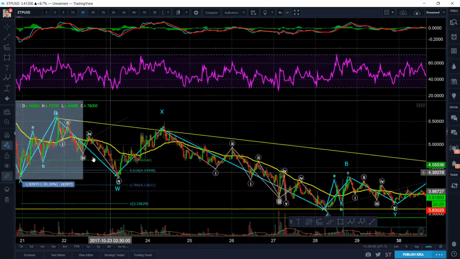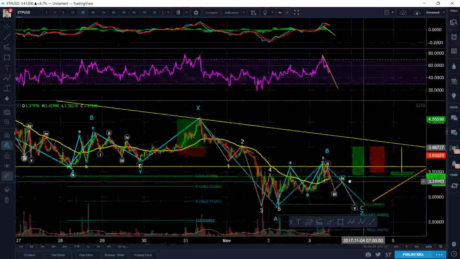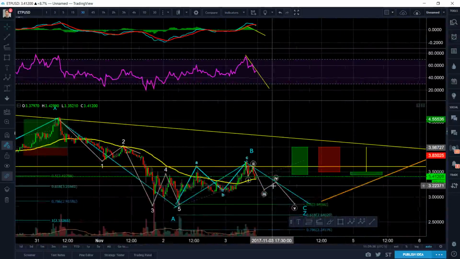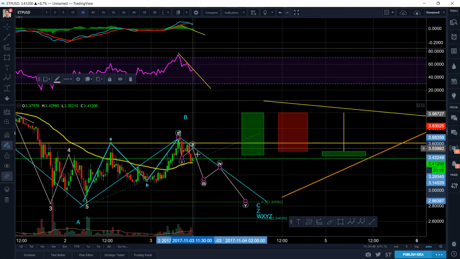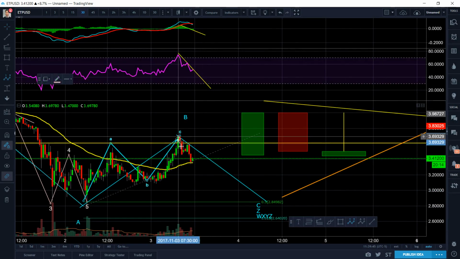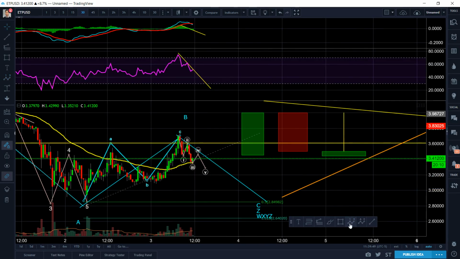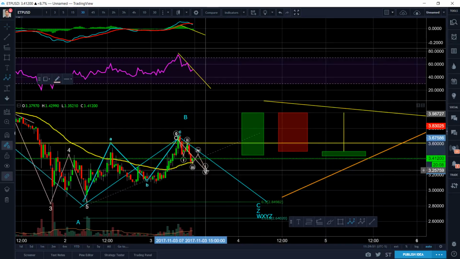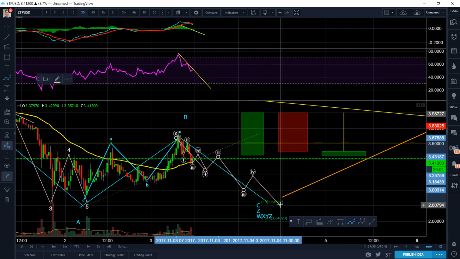And B to C here also made 5 waves, is it possible to assume that there will be a 5 subwave structure coming down here as well? Absolutely. Now this might just be the first subwave of the first wave, right? So it might actually just be like this instead: 1, 2, 3, 4, and then 5. But that right there could be the first wave of the first subwave, right? So sometimes there's 5 waves within 5 waves.